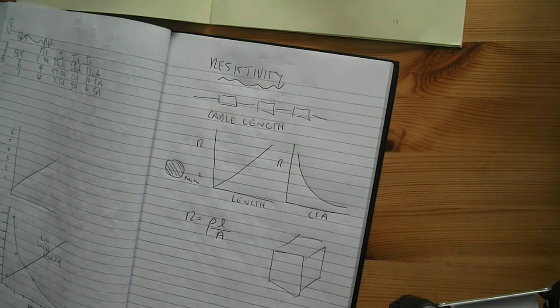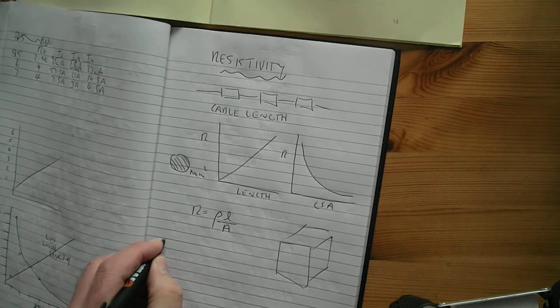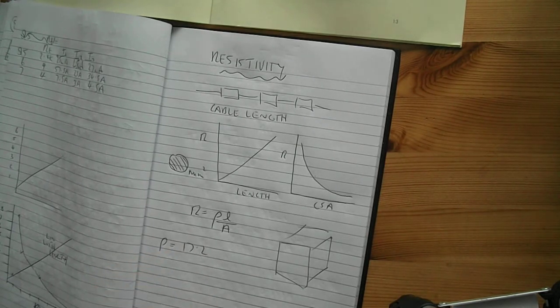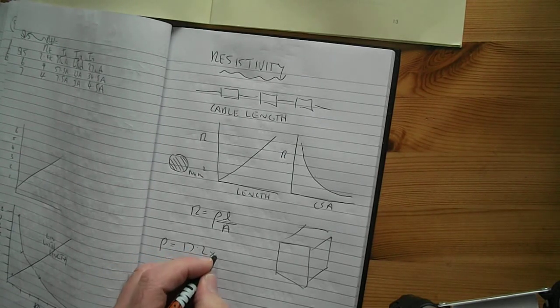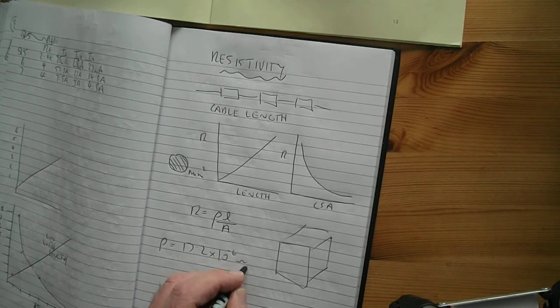Okay, so we're getting on for time. What are these constants then? Well, rho for copper is 17.2 times 10 to the minus 6 ohms per millimetre cubed.